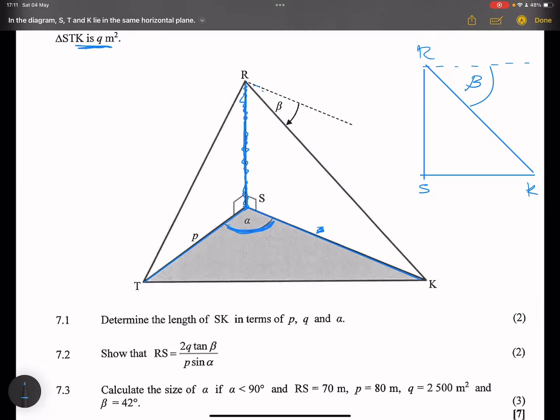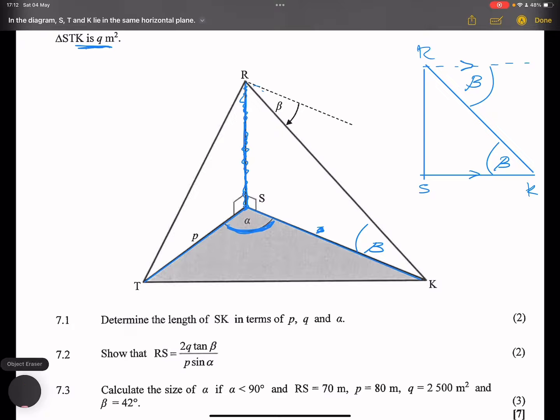And what does that mean? Remember, this line here is parallel to that line. So that's going to be beta as well. So angle RKS would be equal to beta, because of alternating angles. Can you guys see that?